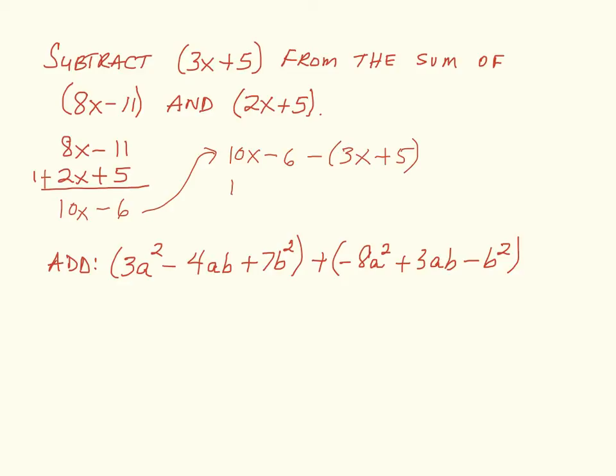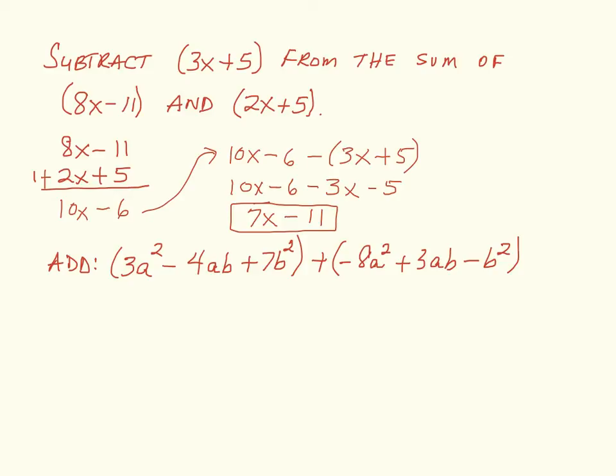So then we change everything in the parentheses after the negative sign: minus 3x minus 5, and then we combine like terms. So we get 10x minus 3x, that gives us a 7x minus 11. All right, so that's ultimately our simplified expression.